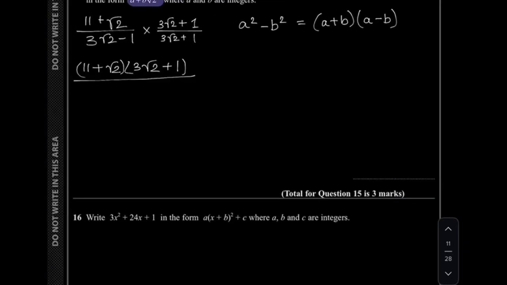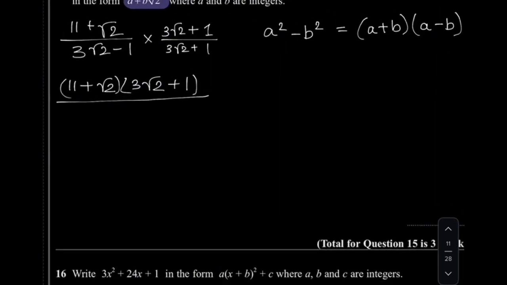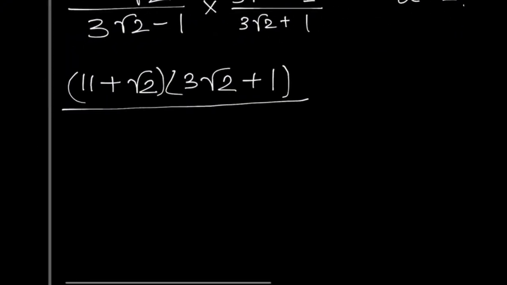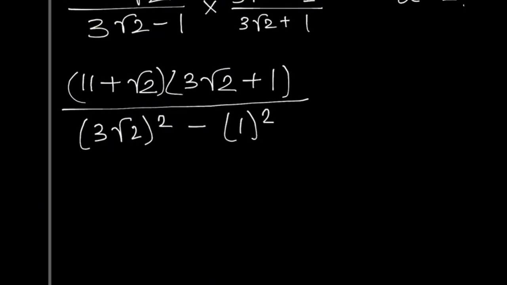So this is the same situation here. Look, this is the negative a minus b, this is the positive a plus b. So it's gonna be 3 root 2 square minus 1 square.